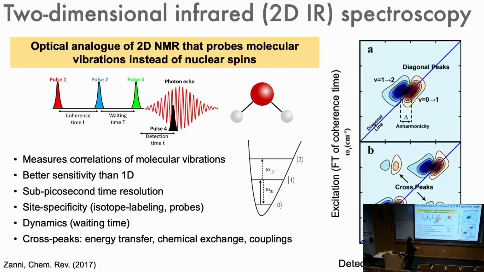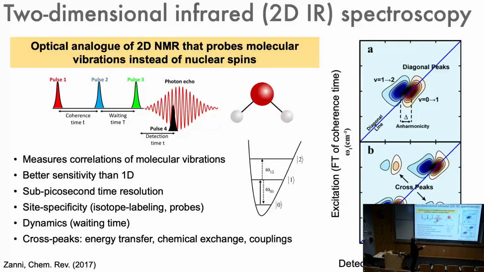The first frequency, omega 1, is the Fourier transform of the coherence time delay here, and omega 3 is what you detect by the detector, or you can do a Fourier transform of the detection time here. And so the spectrum for a single vibration looks like this. It has two peaks.